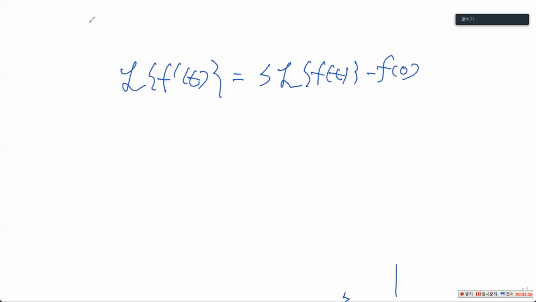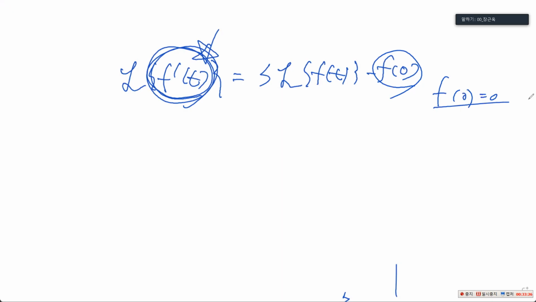Yes, very nice. Because here we have to perform the differentiation. Assuming just for simplicity that f(0) equals 0, then it is only multiplying by s. Multiplying by s is a much simpler operation compared to the differentiation.